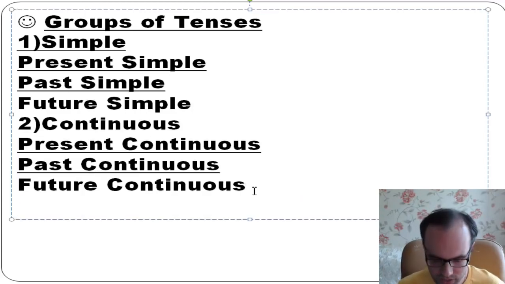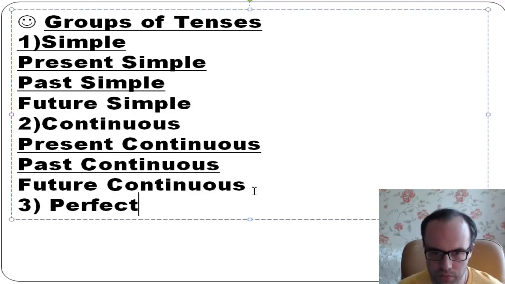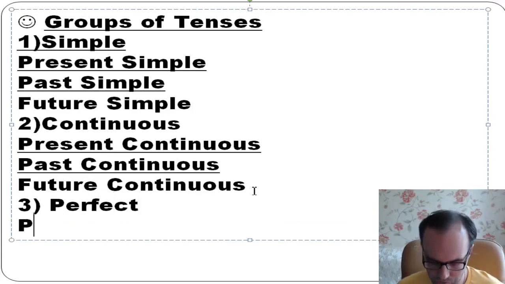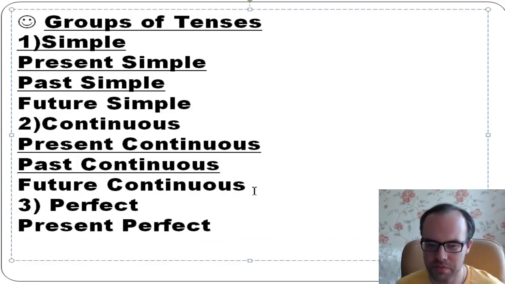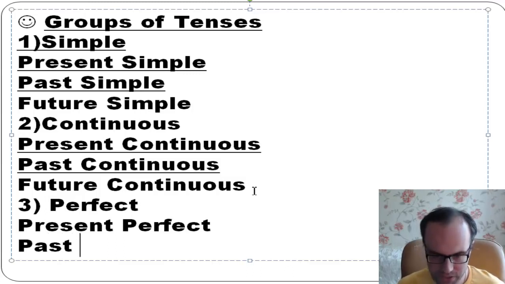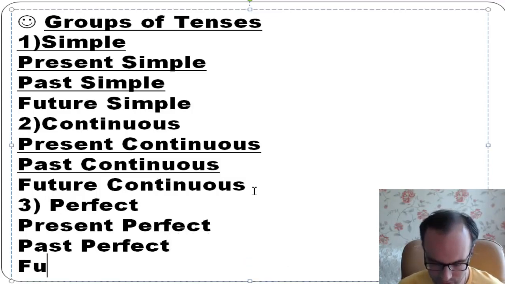Well, and we also need to remember the group perfect. So it's present perfect. It's about the past when there is a connection with the present. Good. Next, past perfect and future perfect.